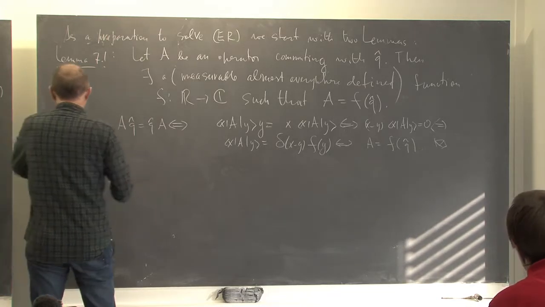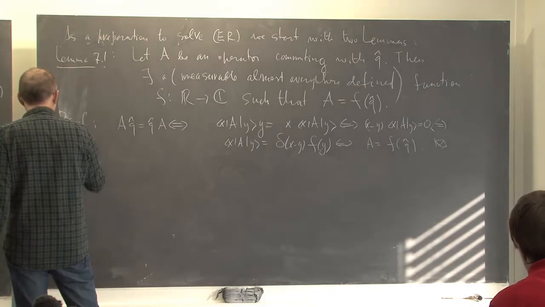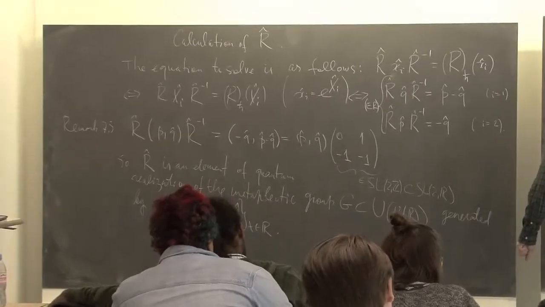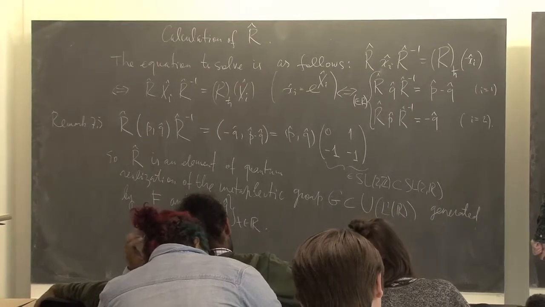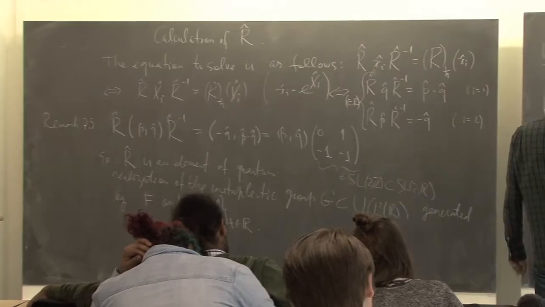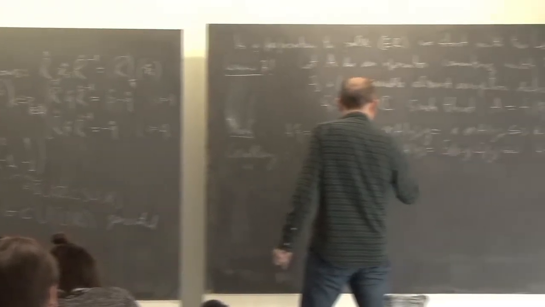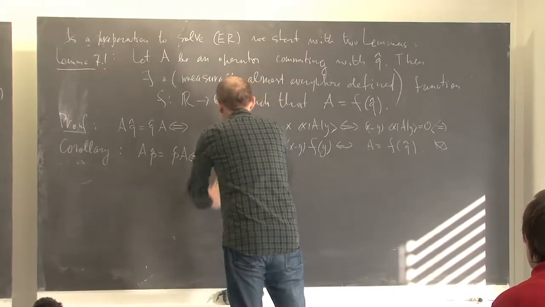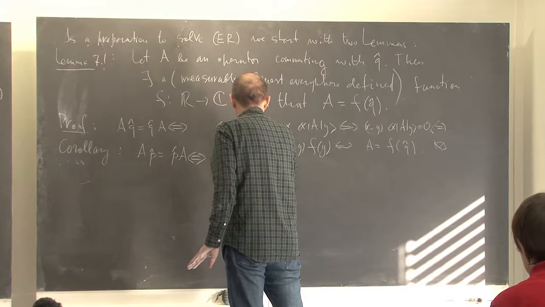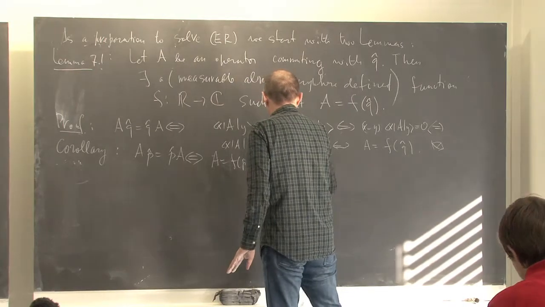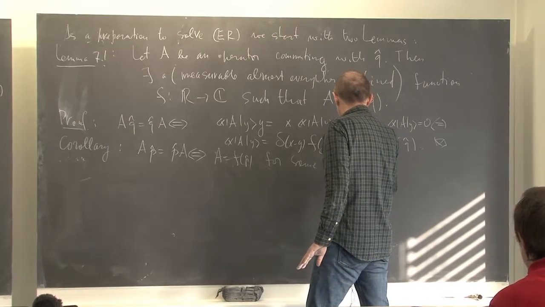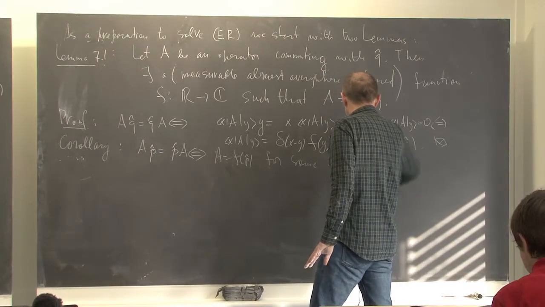But let me put the immediate corollary. If we have an operator which commutes with P, then it means that A is a function of P, A equal f of P for some f from R to C.